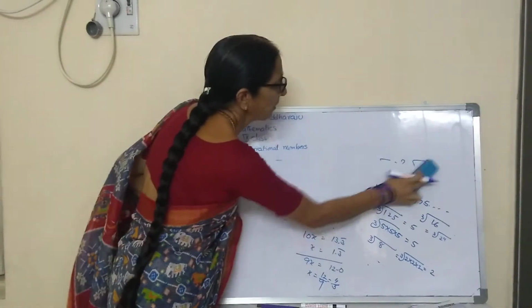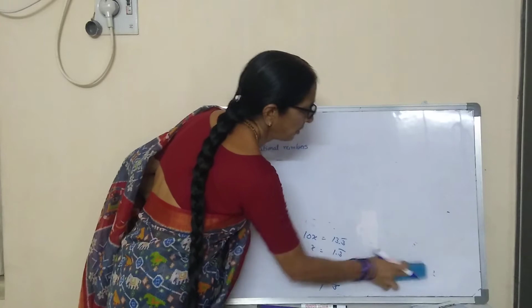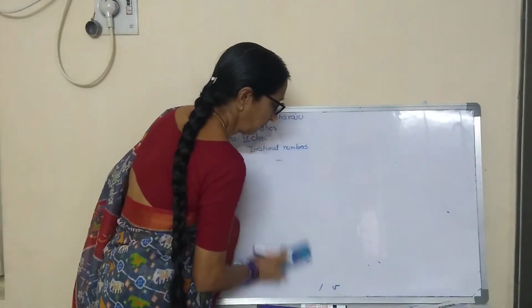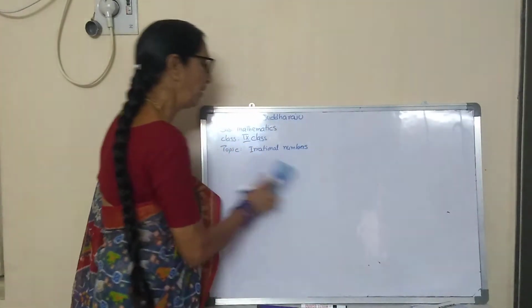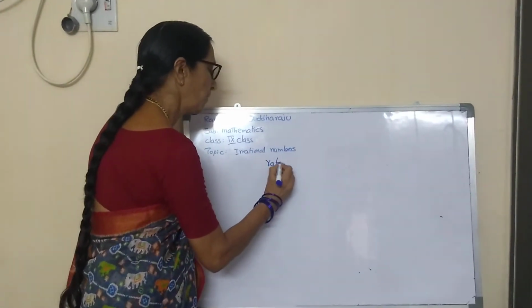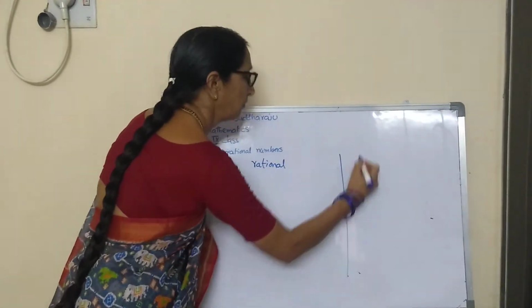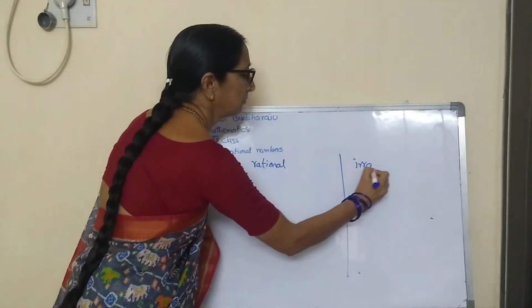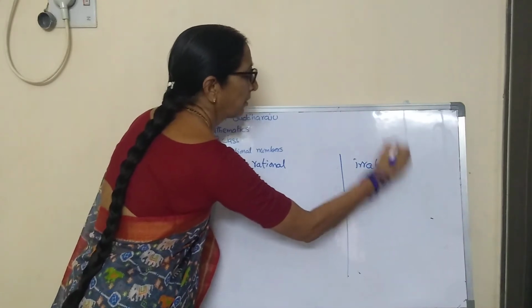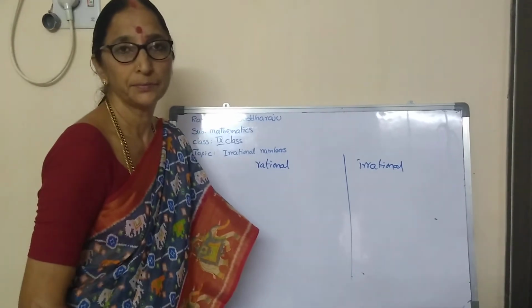Now we have to discuss the differences between rational and irrational. Tell me, what is a rational number by definition?